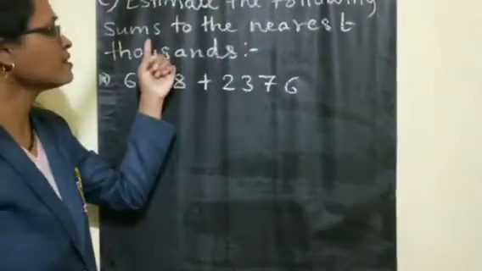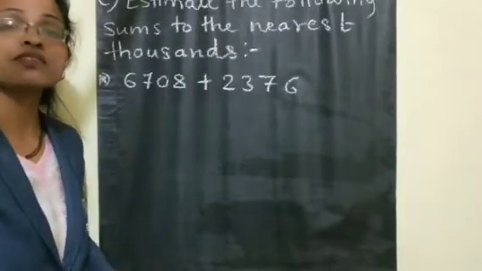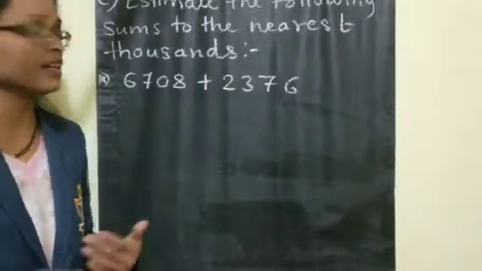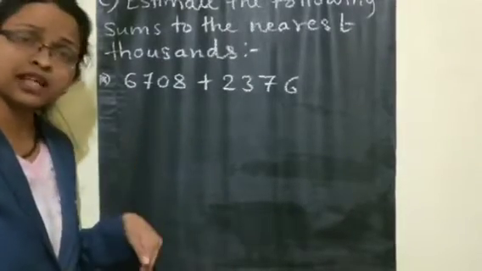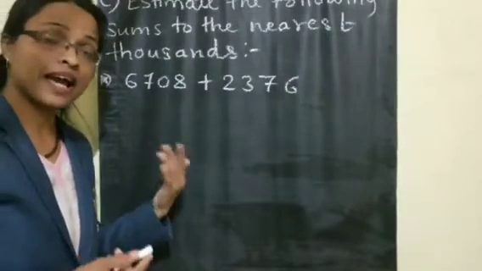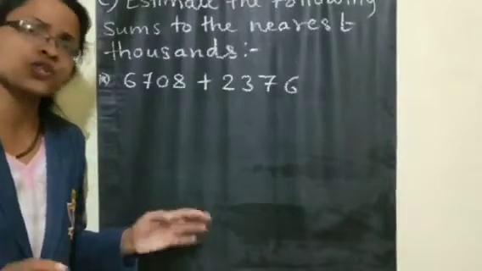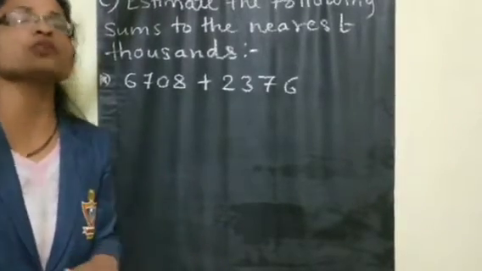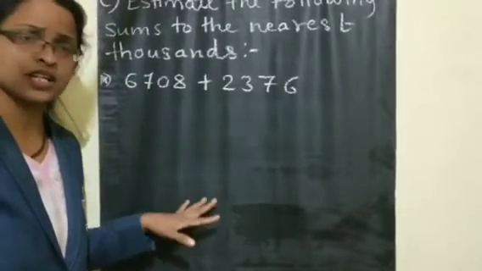So now let us see the C part. Estimate the following sum to the nearest 1000. Now here we have to round off to the thousands place and find the sum of that, means addition. And sometimes, children, they give the question to find the actual sum and compare, and sometimes they do not. So you have to see according to the question. If they ask to find the actual sum, then you find it.